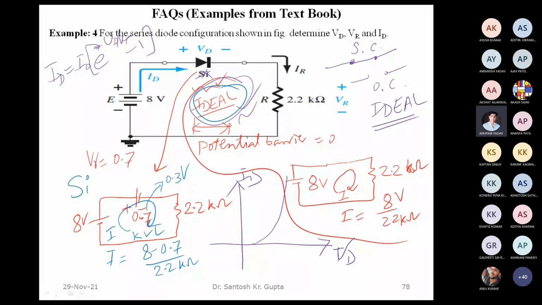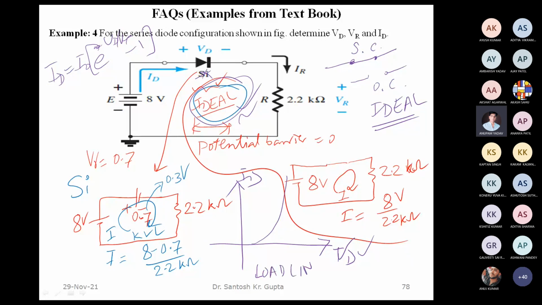So graphically also we can solve this problem. The only thing is that we have to plot the characteristic of the diode, to know how the current changes as the voltage is changed. And then we have to draw another thing called the load line.